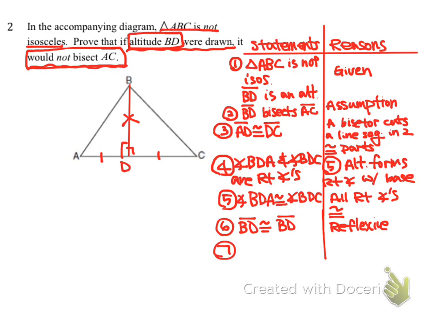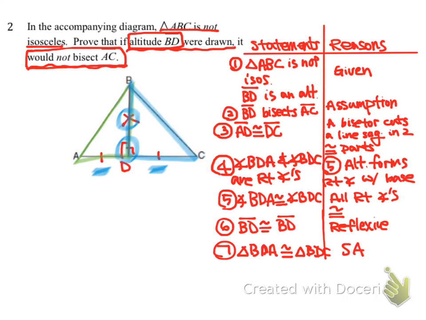Number 7. Notice that we get to see these two triangles here: the one on the left with the green color and the one on the right with the blue color. Both of them would have been congruent by side, angle, side. So here we get triangle BDA is congruent to triangle BDC.